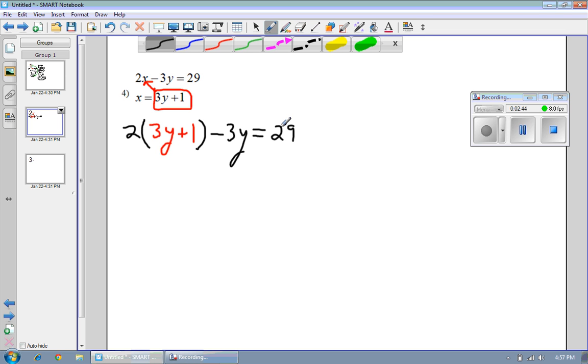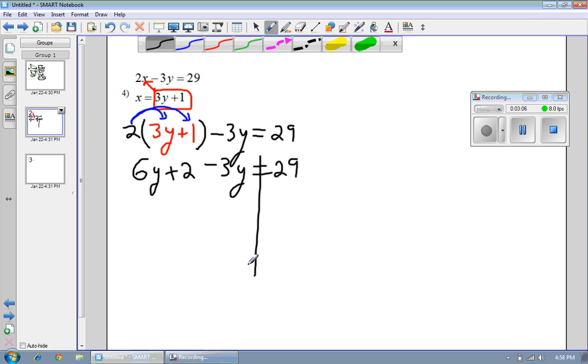So we've got a tougher equation to solve here, but nothing we can't handle. What are we going to do with that 2? Nobody forgot distribute, right? We're going to distribute that 2 through the parentheses. We will get 6y plus 2 minus 3y is equal to 29. What do we do now?